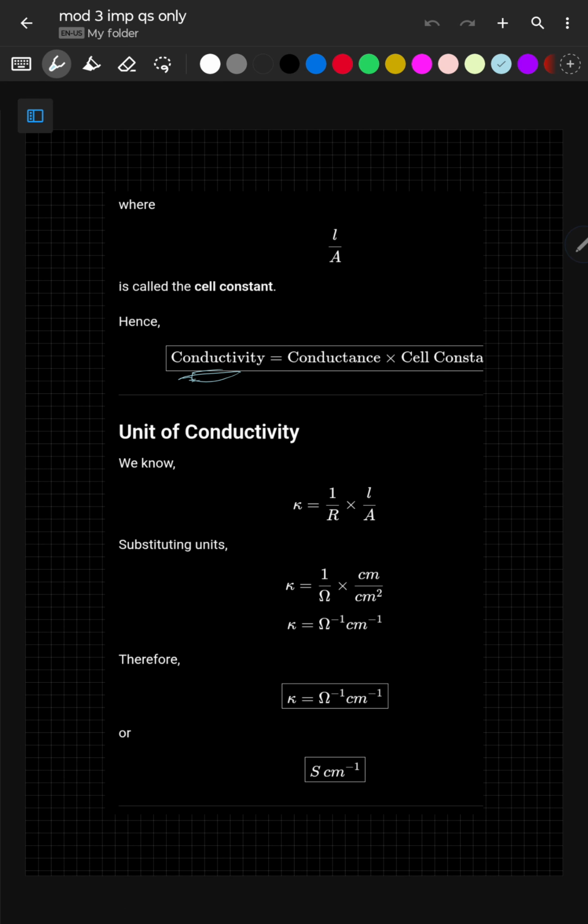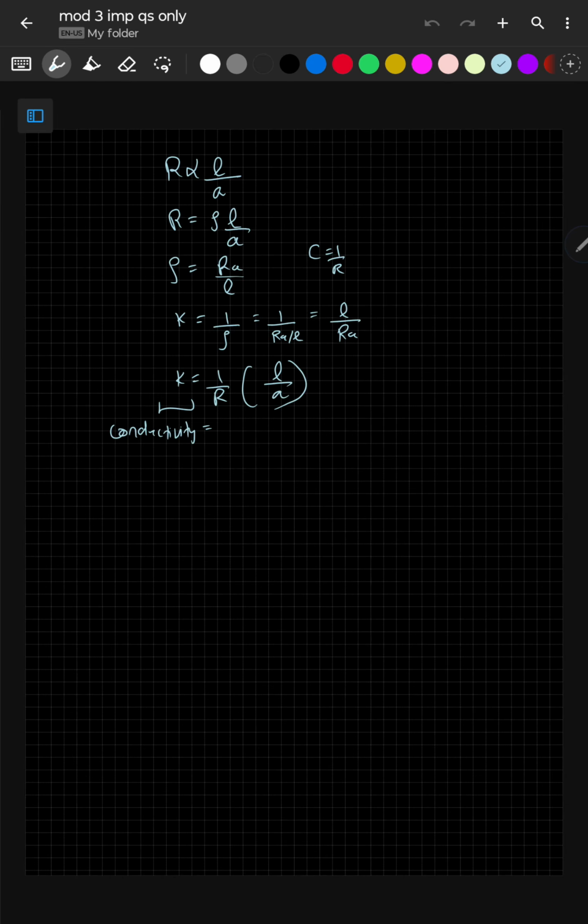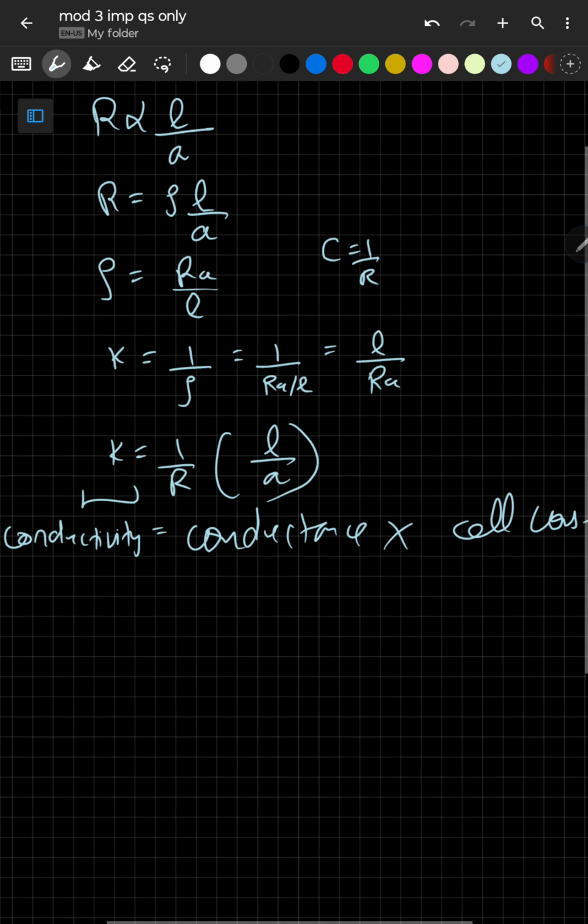Here, see, 1 by rho is conductivity, 1 by R is conductance, and L by A is the cell constant. So conductivity is equal to conductance into cell constant. Till here it is clear.